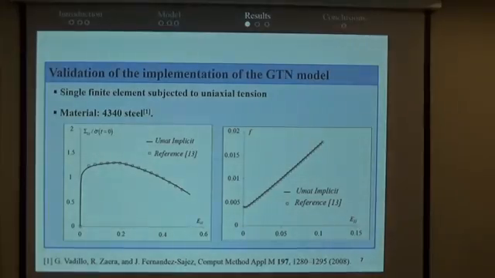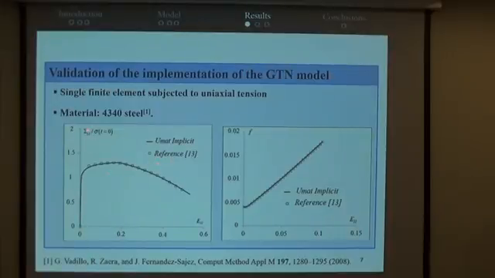So before using the coupled model between the bifurcation theory and the GTN model, we try to validate the implementation of the GTN model. In this case, we simulate the behavior of a single finite element subjected to uniaxial tension, and we compare our predictions with some reference results from the literature.